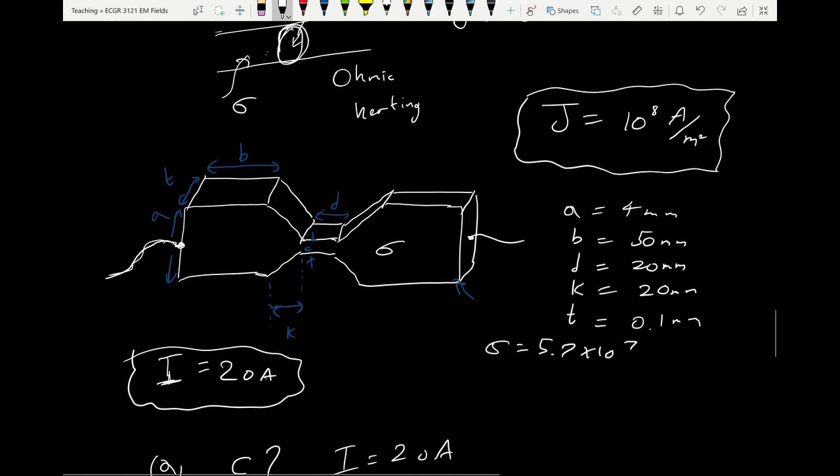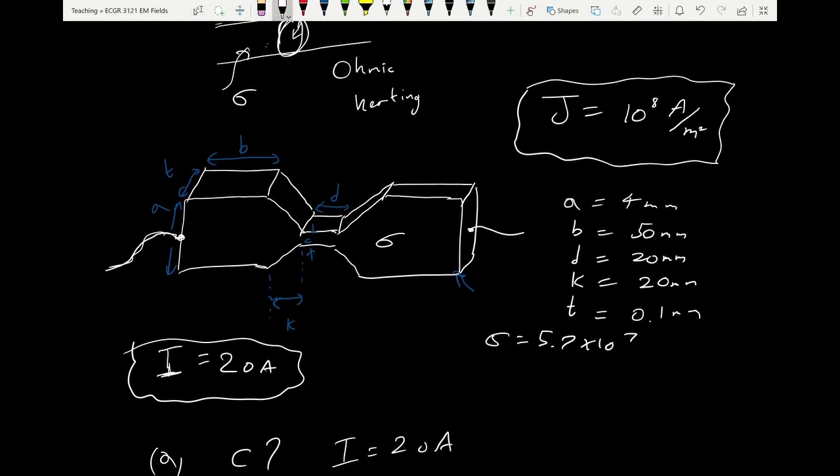So we have this rectangular portion, let's call it R1, and then let me call this R2. And then the neck, which I'll call R1. And then I have the trapezoidal part, which we'll call R3.